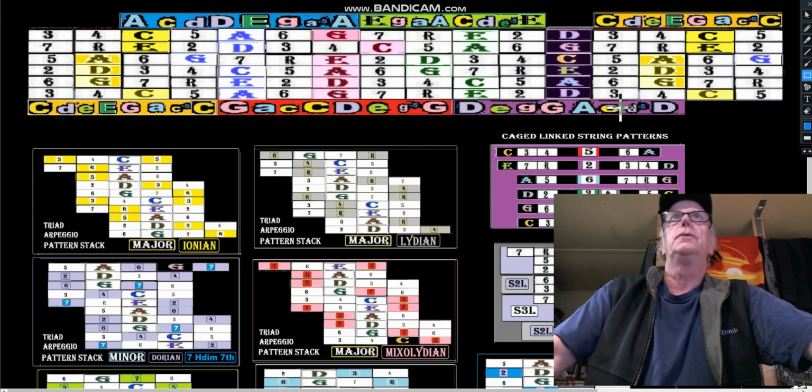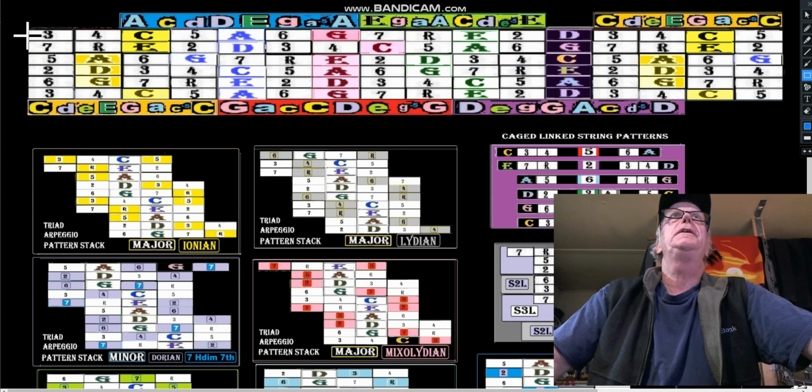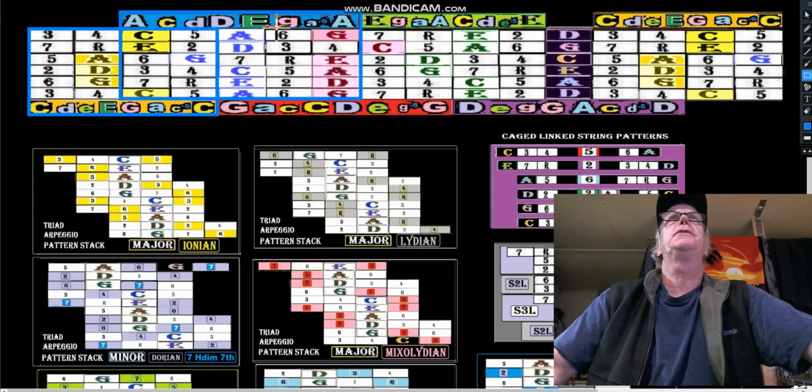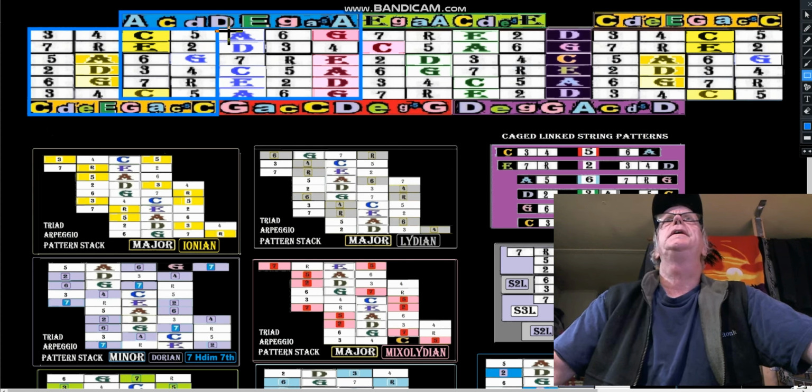So we have the C box here, which is nice. We have the A box is the overlapping, and this information that we just showed you that I kind of played on the piano is all in this group of keys.